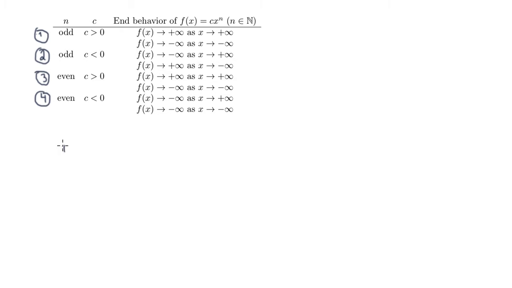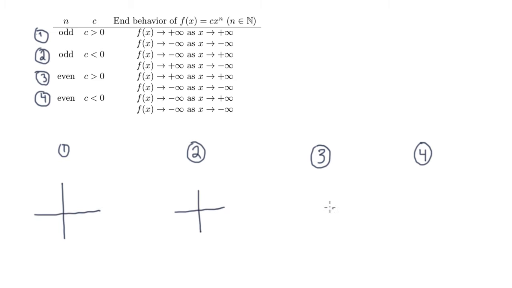So I want to just do a quick sketch of these four cases of power functions, because this is going to be very important later when we look at what's called limits at infinity of different types of functions. So I'm just going to sketch a quick graph of each of the cases, and I'm sure you've seen a lot of these before, but let's just sketch them again.